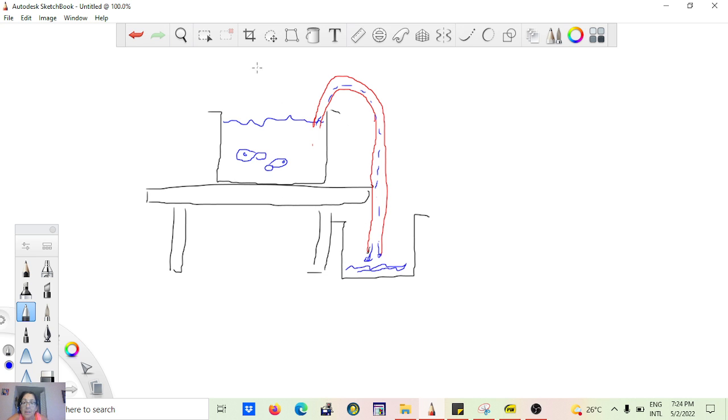Okay, and so we can apply Bernoulli. We can use Bernoulli here, so that will be your atmospheric pressure. And now that it starts flowing, here you also have the atmospheric pressure pushing in this direction.